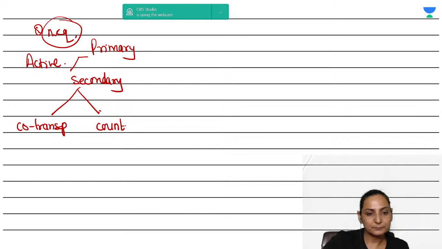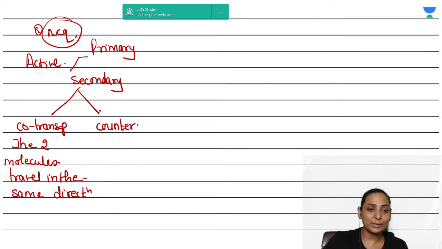What is co-transport? I'll show you the figures also. Co-transport means the 2 molecules which are going to be transported will travel in the same direction. That means either both of them are inside or outside, but together.